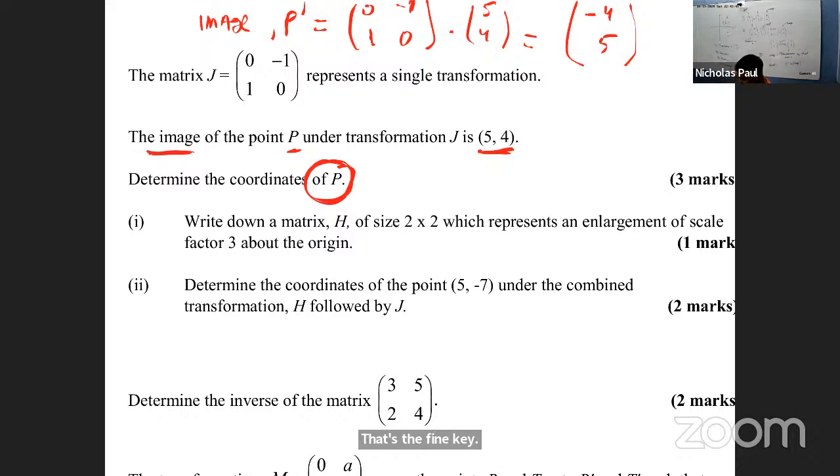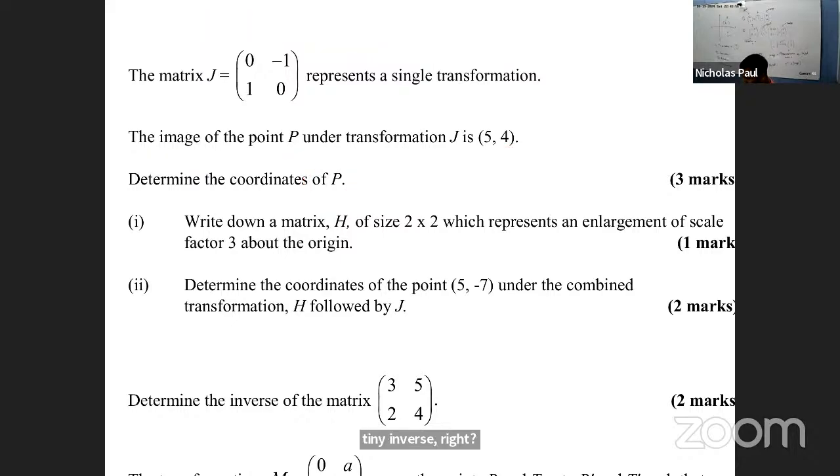Sorry about that. So what you have to do first is find the inverse. Find the inverse of that, so find J inverse, and then multiply that by 5, 4. Sorry about that. So J inverse.